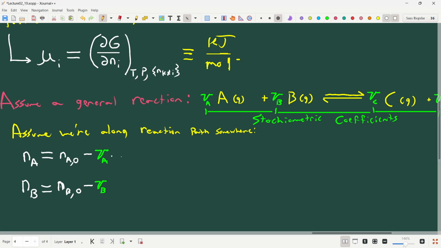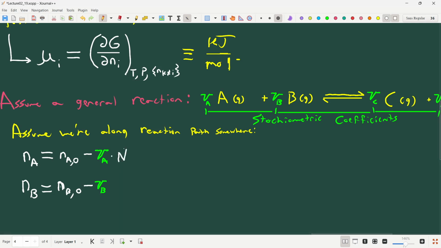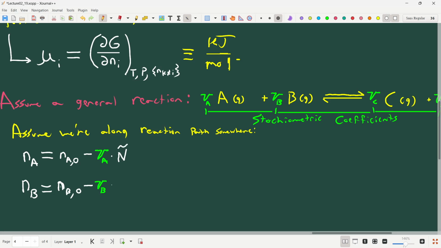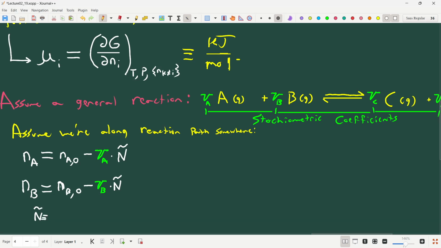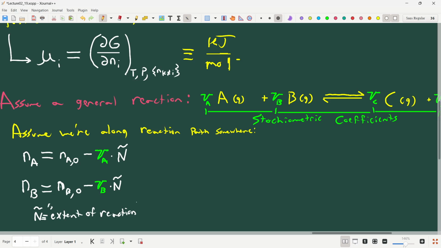And I'm going to call that number of clicks n tilde, where n tilde is called the extent of reaction. It's just a number.